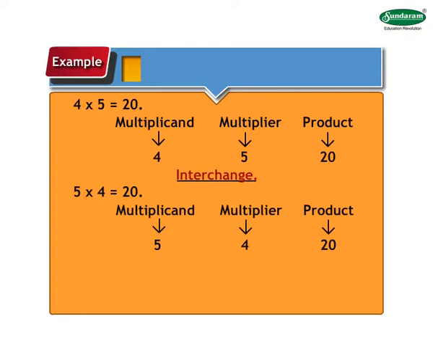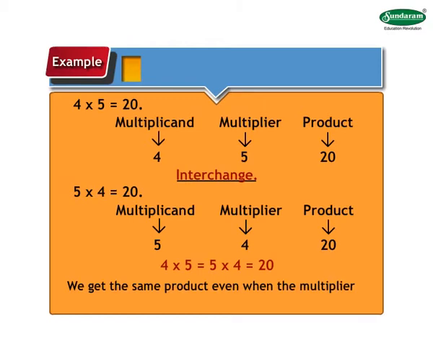That is, 5 into 4 is equal to 20. Thus, from this we learnt that 4 into 5 is equal to 5 into 4, which is equal to 20. To conclude, we get the same product even when the multiplier and multiplicand change places.